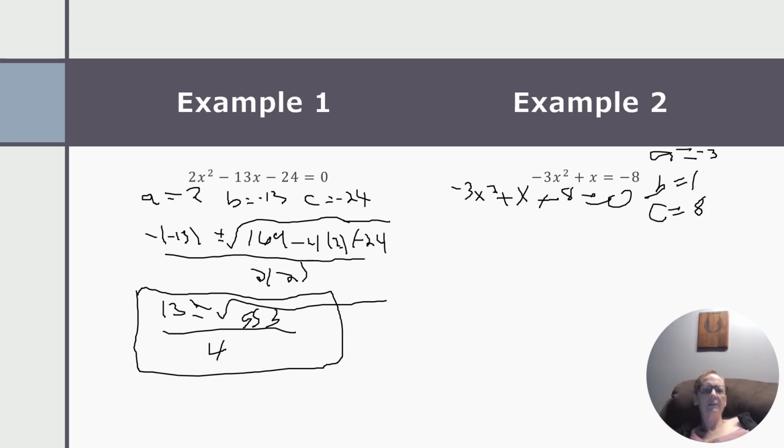So I have, yes, I should have written x equals at the end. There we go. My bad. All right. So the quadratic formula. The opposite of b, so negative 1, plus or minus the square root of b squared, 1 squared is 1, minus 4 times a times c, all over 2 times a.